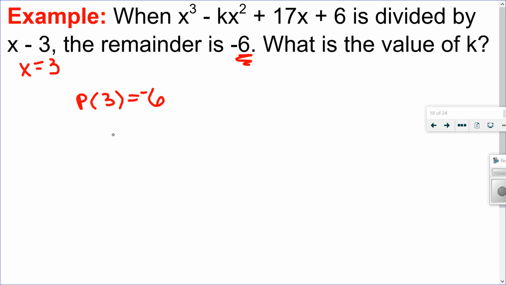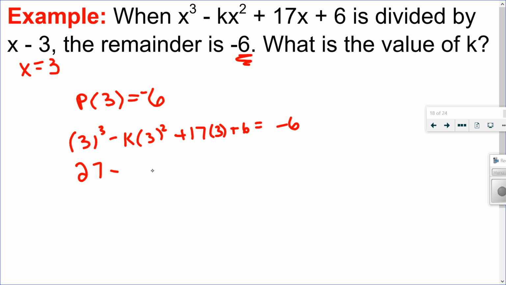So let's substitute in 3. The value of the polynomial at 3 would be 3 cubed minus k times 3 squared plus 17 times 3 plus 6 equals negative 6. That's the remainder. So 3 cubed is 27. 3 squared is 9 times k. 17 times 3 is 51 plus 6 equals negative 6.